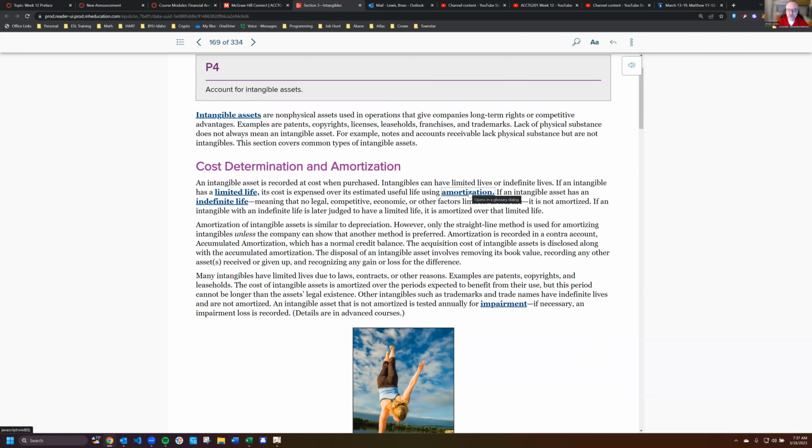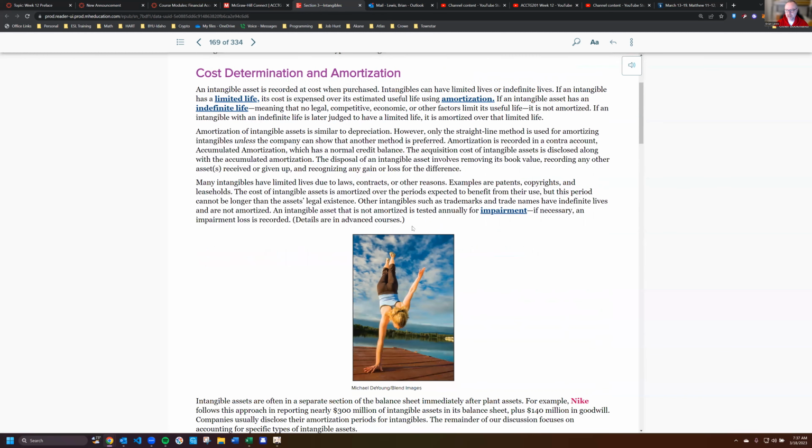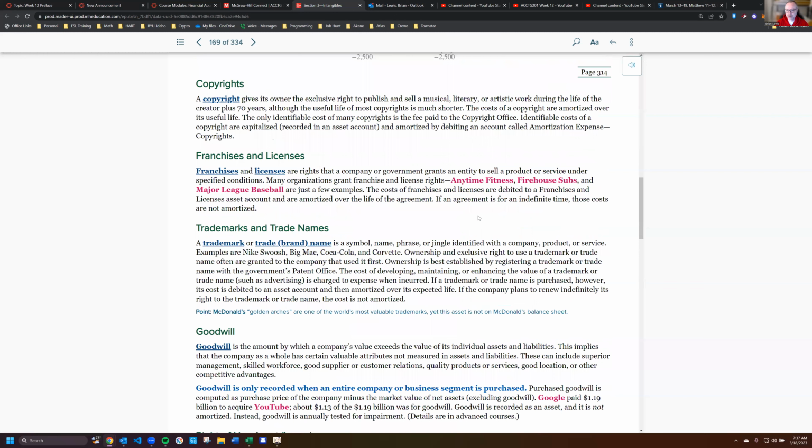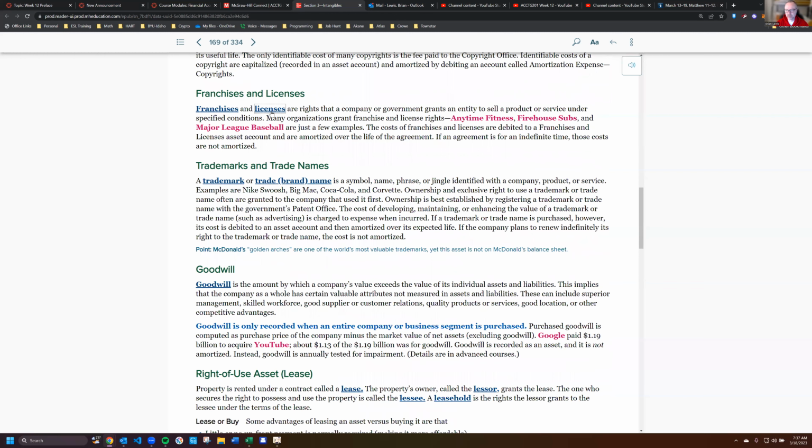Some assets you don't, you just leave them at the original cost you purchased them at. Goodwill, for example, doesn't get amortized or depreciated over time. It's left as it is when you bought it, unless it's impaired, and then you'll do something on that. Okay, so walking through this and understanding the different types of intangible assets is important.